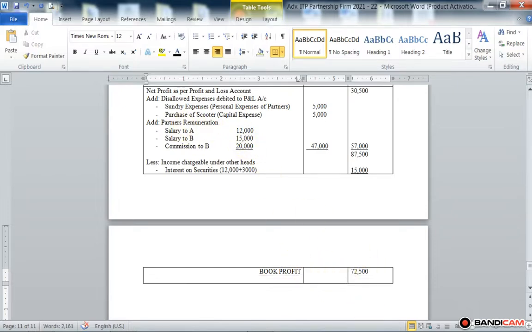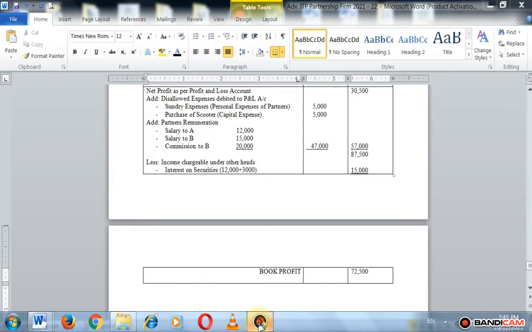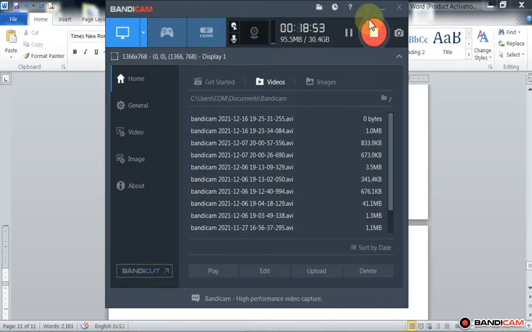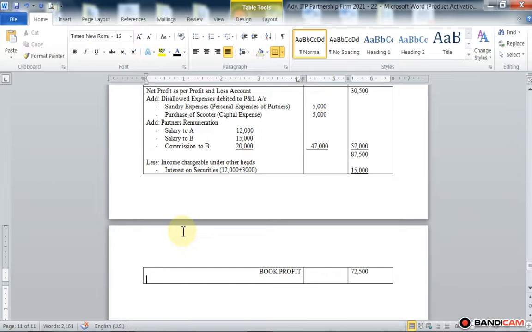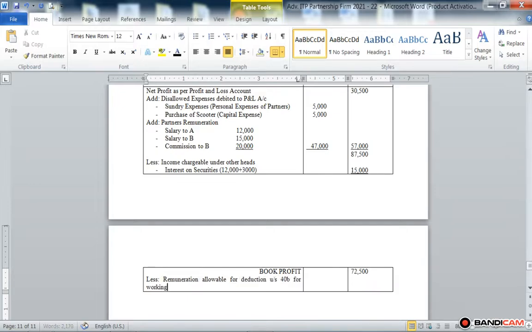Now we deduct the allowable remuneration for deduction. Here we deduct the remuneration allowable for deduction under section 40B for working partners. So here all the three partners are working.